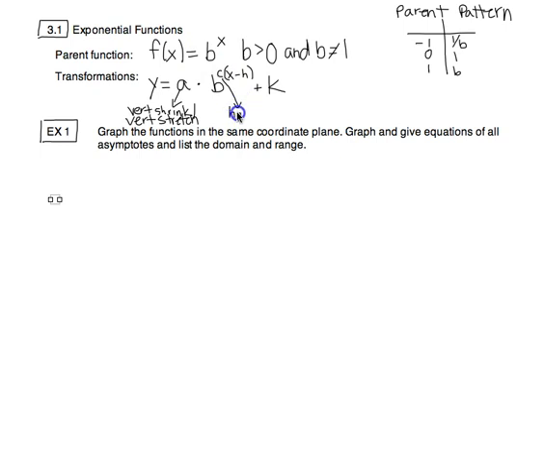C controls our horizontal shrink and stretch. H, as always, controls horizontal shift. And K controls our vertical shift.